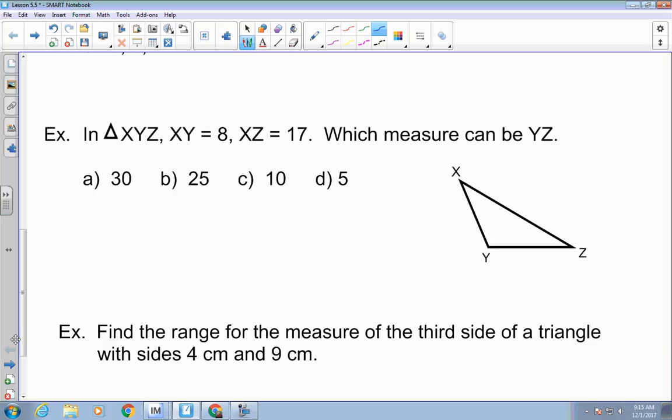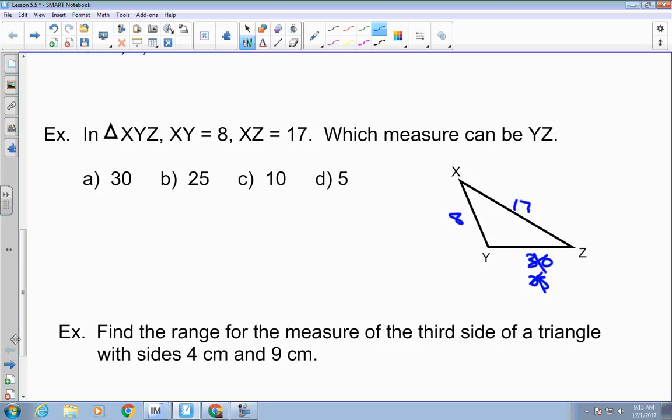In triangle XYZ, XY is 8, XZ is 17. Which measures can be YZ? Well, if I plug 30 in there, would that work? 8 plus 17 is not greater than 30, right? If I put 25 in there, 8 plus 17 is equal to 25, so would that work?